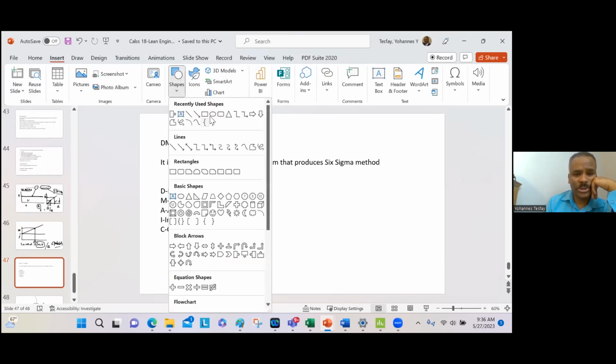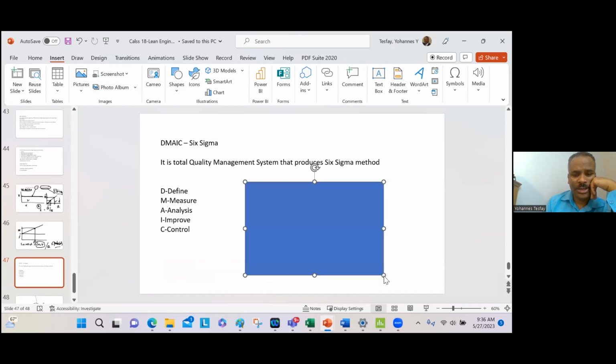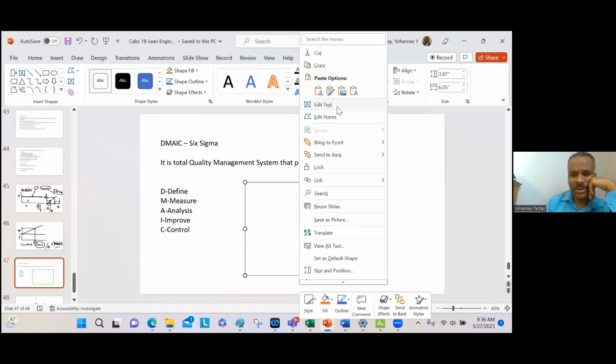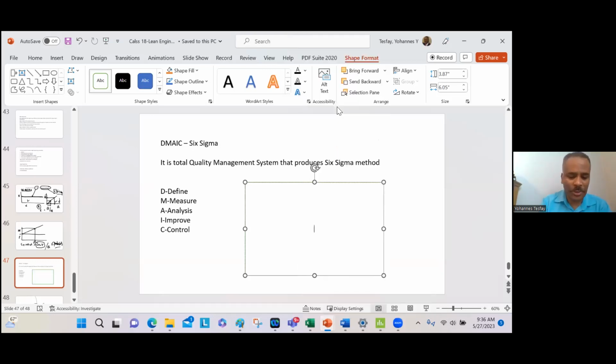If you compare that one with 8D, this is the method of 8D. What is the first one in 8D? Number 1 is the problem, D0 is the problem.